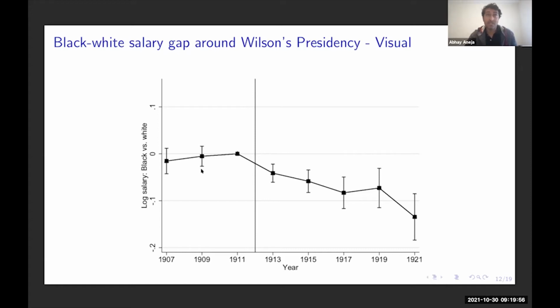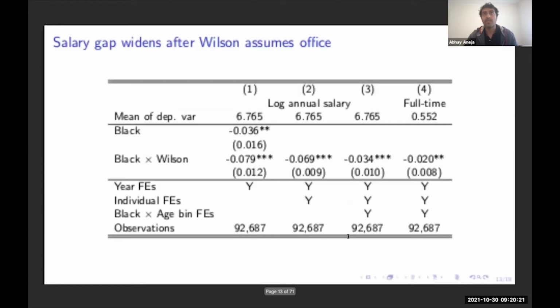What we see here is that the civil service was a place of relative equality in the years leading up to Wilson's election, although part of this is mechanical because we're matching in 1911. And then things get dramatically worse for Black Americans in the years of Wilson's term in office.